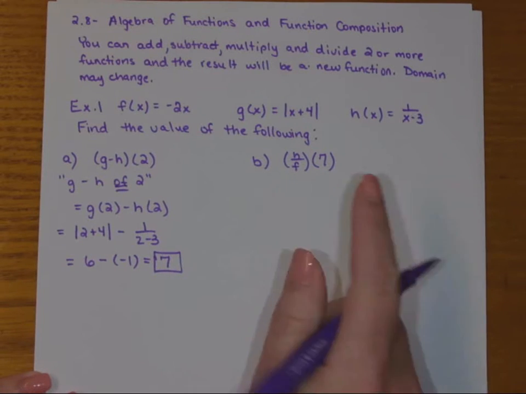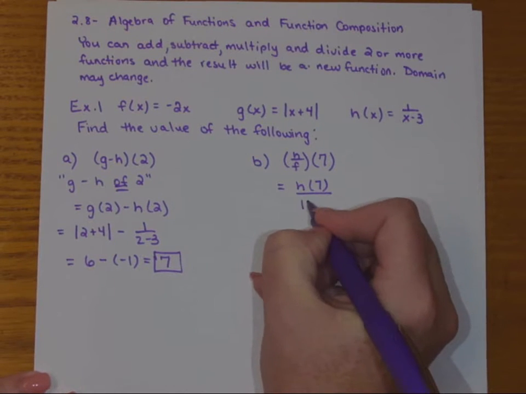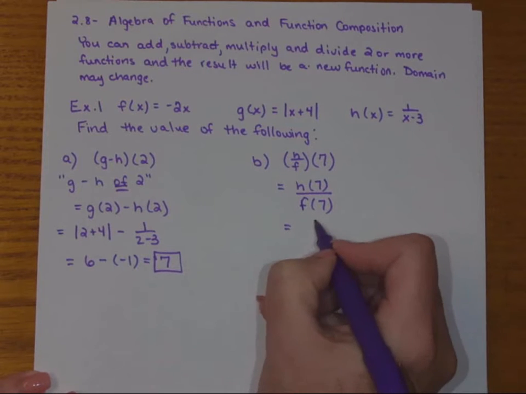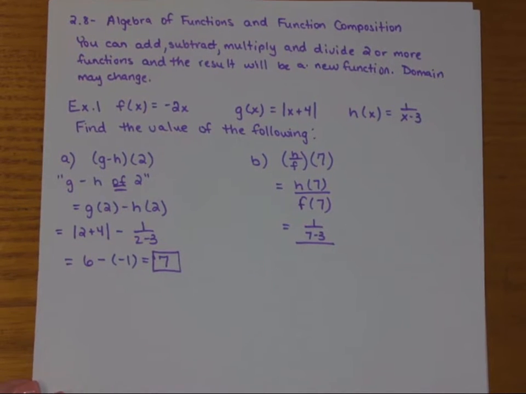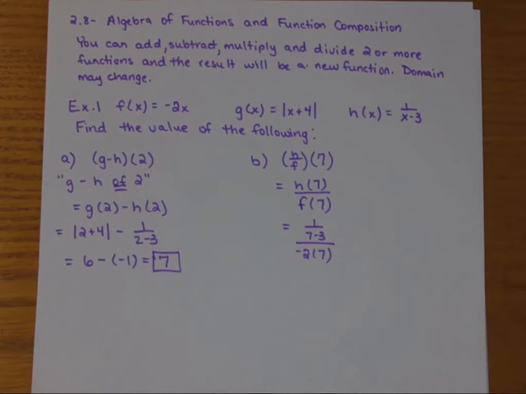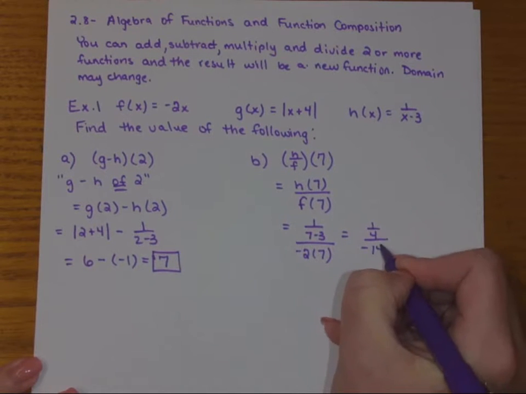So not surprisingly, this one is asking for you to divide h of 7 by f of 7. Okay, so h of 7 would look like 1 over 7 minus 3. That's going to be the numerator. And then f of 7 is going to be whatever 2 times positive 7 is. Okay, so that's going to be 1/4 divided by negative 14.